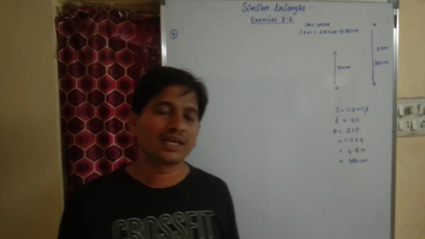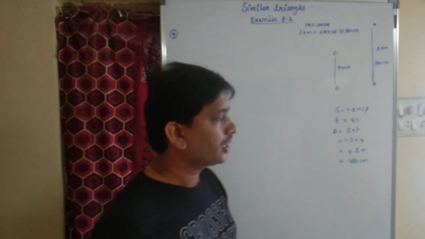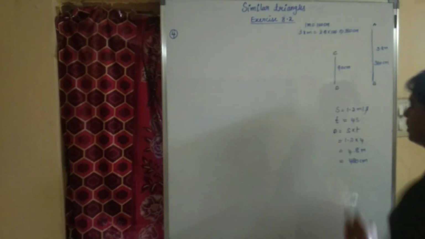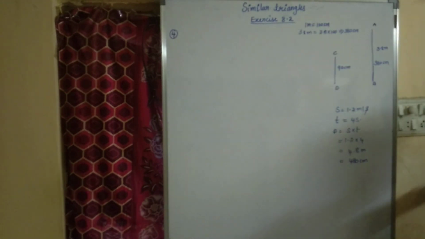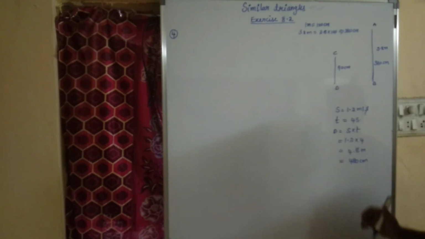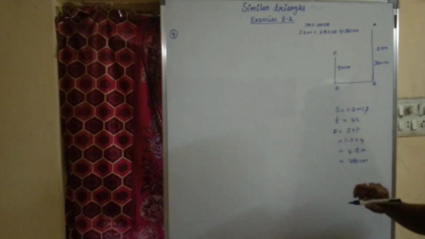What is the distance? The distance formula is speed into time. As speed is 1.2 meters per second and time is 4 seconds, distance is 1.2 into 4, that is 4.8 meters, 480 centimeters. After 4 seconds, she was here.